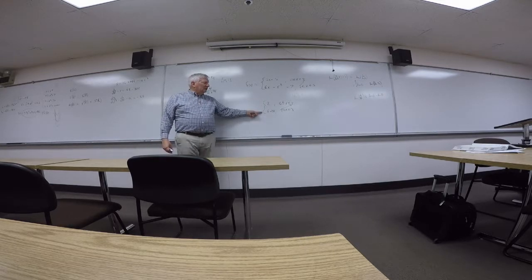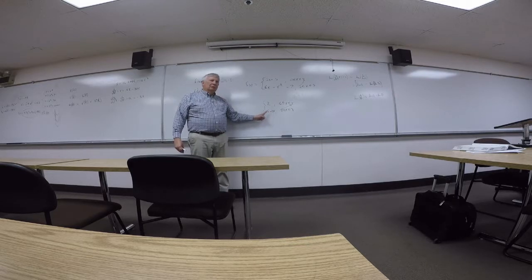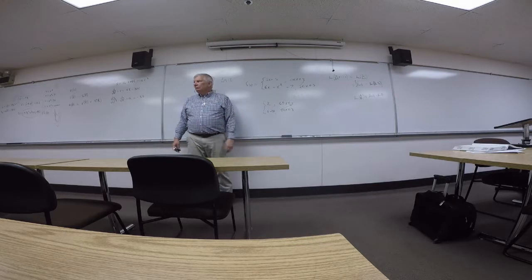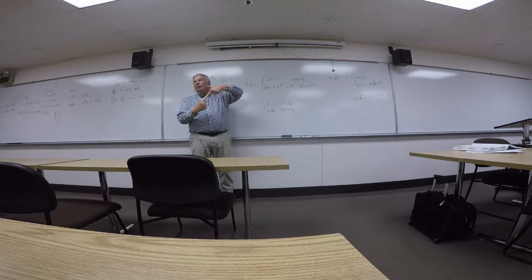On the second piece, when x is 2, we have 6 minus 4, which is 2. 2 equals 2. So they are joined at (2, 1). And at that joining point, they both have a slope of positive 2.